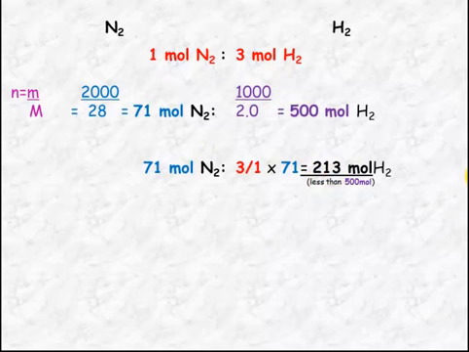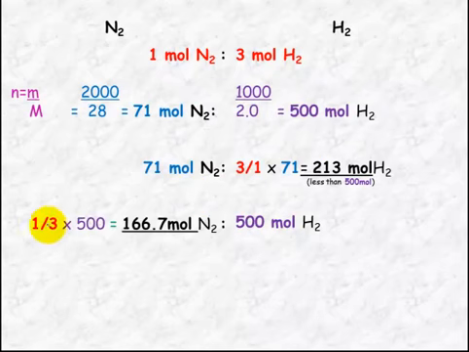Let's look the other way. If I've got 500 mole of hydrogen, which is what the question's telling me I've got, how many mole of nitrogen am I going to need? So it's mole ratio times 500, and that equals 166.7 mole. So for every 500 mole of hydrogen, I'm going to need 166.7 mole of nitrogen.